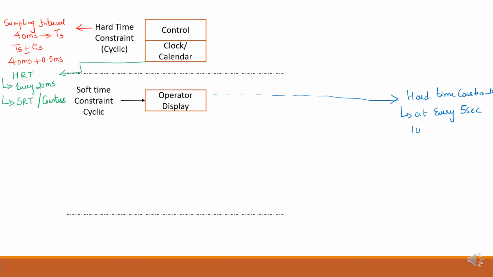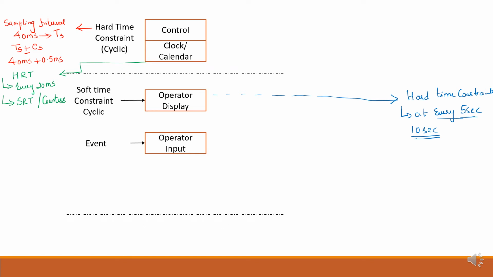It does not always have to update at 5 seconds; we can also make it 10 seconds. Hence we can say it is a soft time constraint. It is cyclic because it updates every 5 seconds.